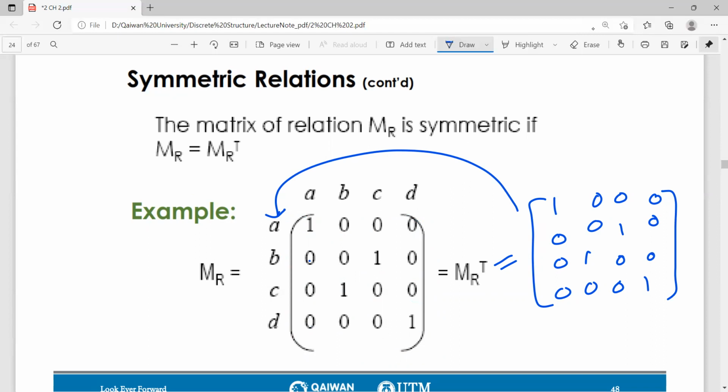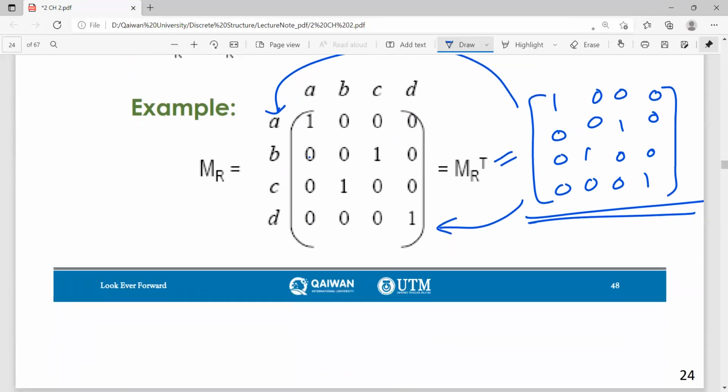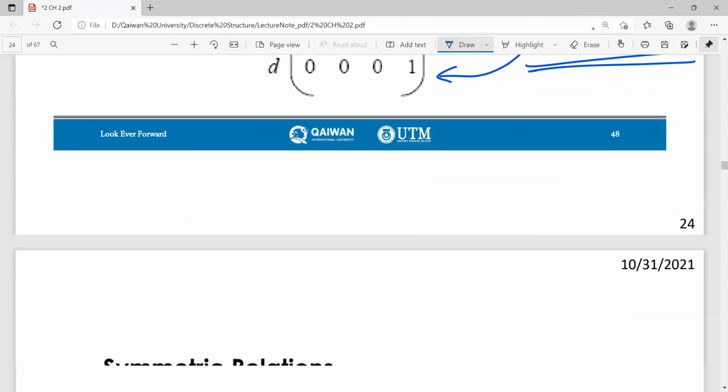In the second row, we have 0, 0, 1, 0. In the third, we have 0, 1, 0, 0. And in the last one, we have 0, 0, 0, 1. So that's why we say these two matrices are equal. This is the transpose, and it equals the matrix itself. That means the relation here is symmetric.